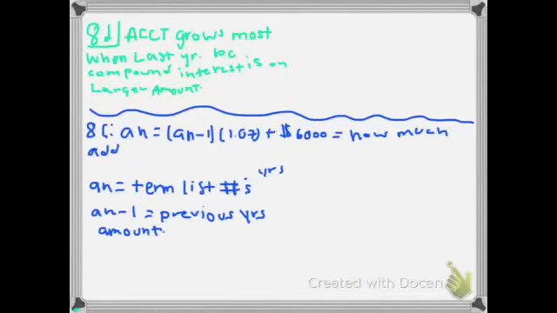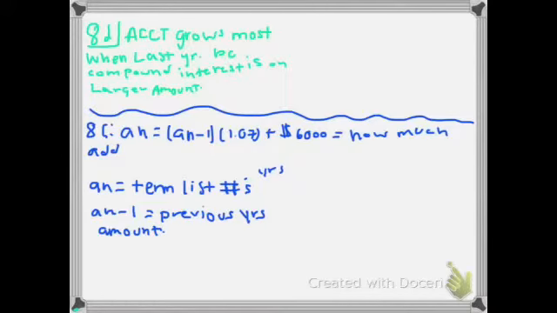So once you do that, you're going to go to your next section, which is 8C. Write a recursive rule for how much gets added to your bank account every year. And the rule is your account grows most when you're in the last year because of the compound interest on the largest amount. So it wasn't the largest in the first couple of years because you didn't have enough money and interest for it to grow higher.